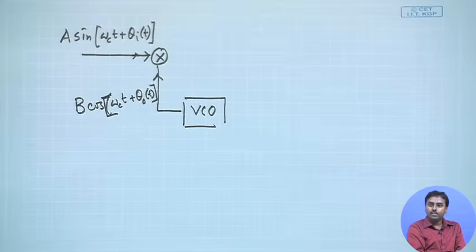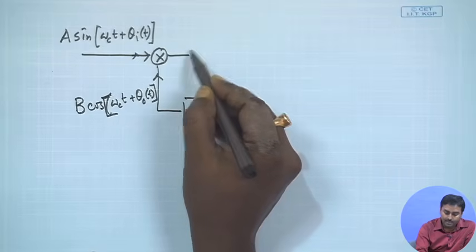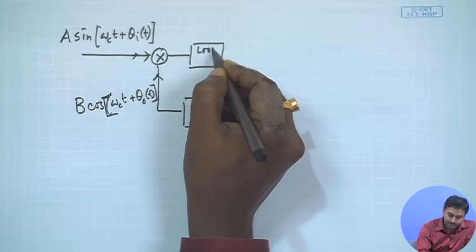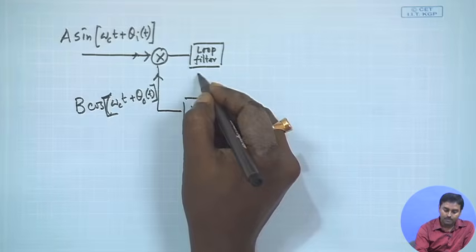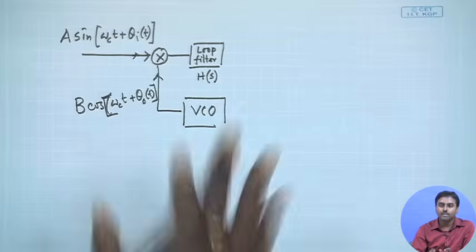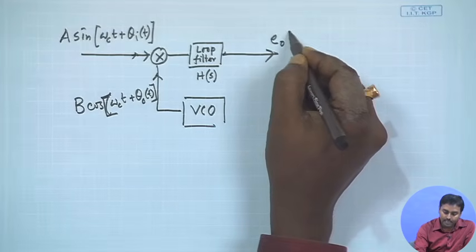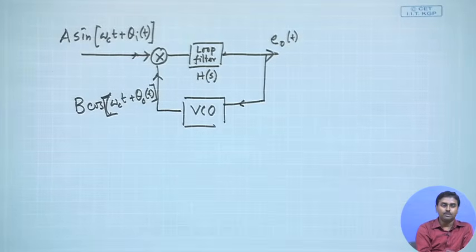So, that is the signal the VCO is generating. If the output phase is theta, we will have a multiplier circuit followed by a low pass loop filter with a transfer function H(s). We will see why a low pass filter is required, and that should produce the error signal which should be fed back, because it is a feedback circuit, to the VCO. Okay. So, this is all we are doing.